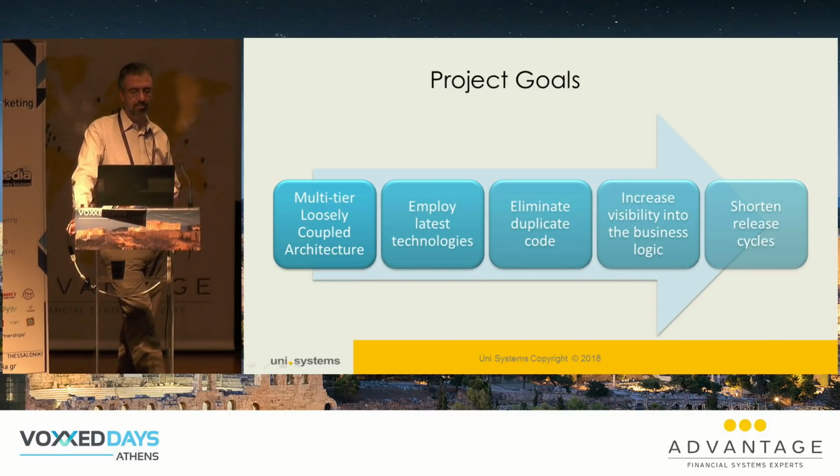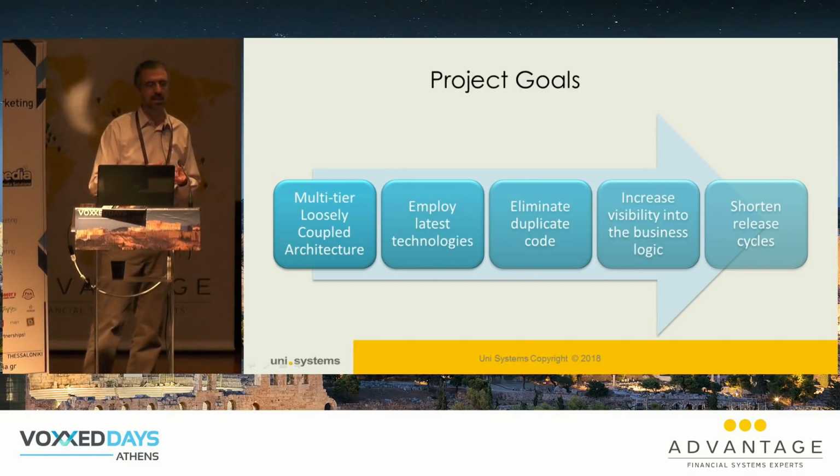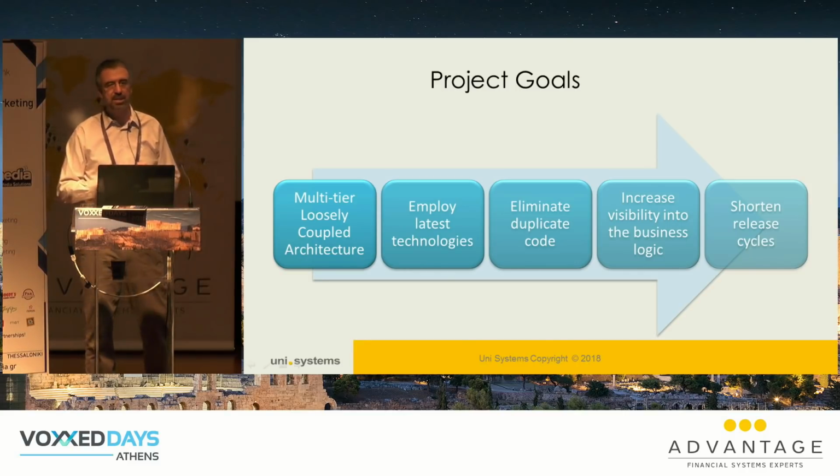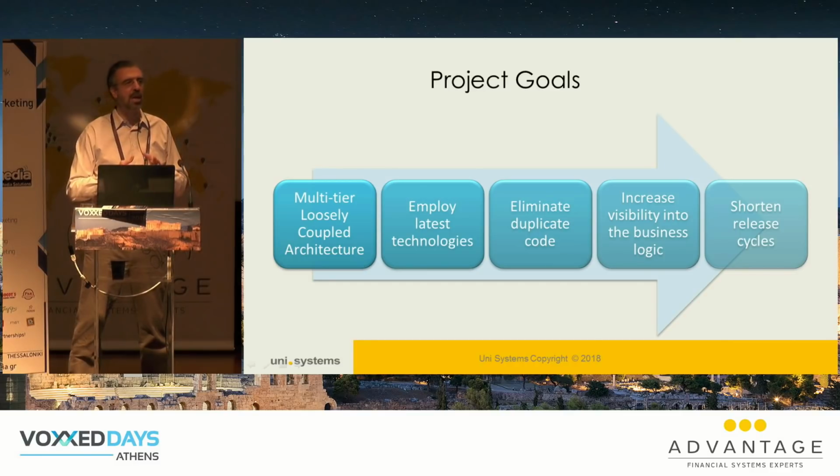Another important thing is the visibility into the business logic. So in the existing architecture, the bank had some logic on the client, inside the COBOL programs, inside database stored procedures, and it was all hidden.